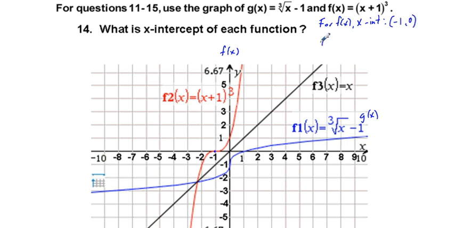And for g of x, x-intercept is going to be equal to 1, 0.